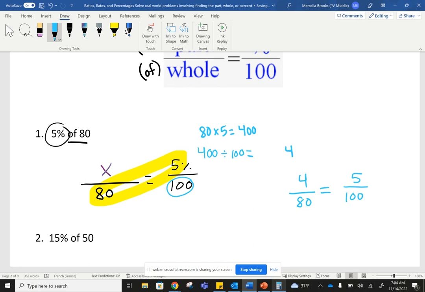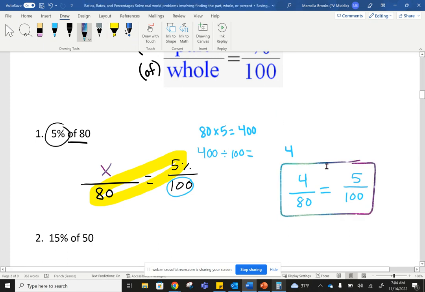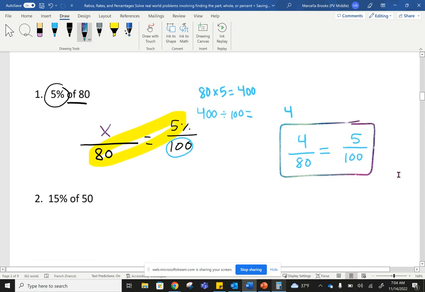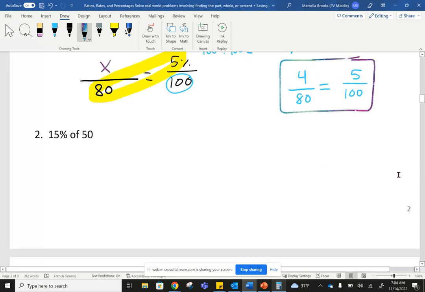So 4 is 5% of 80. So this is how I want you to write it. You just rewrite the proportion with the value that you found. So 4 over 80 is equivalent to 5 over 100. There we go.